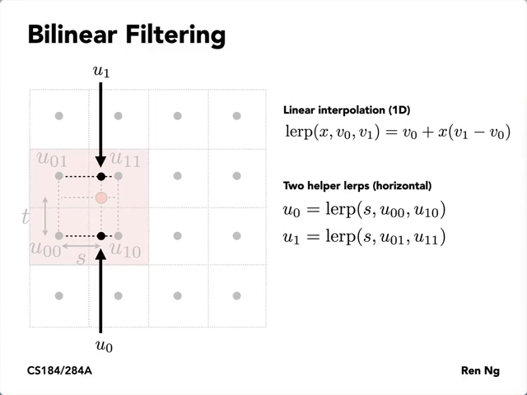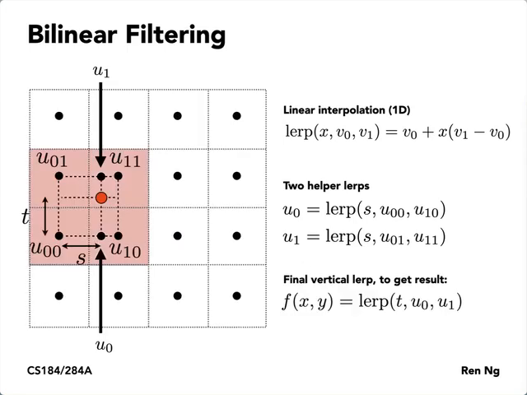We lerp between U00 and U10 with S, the partial distance here. We do the same conceptually on the top of this little square, between U01 and U11, giving us values at this location and this location, which we'll say have values U0 and U1.